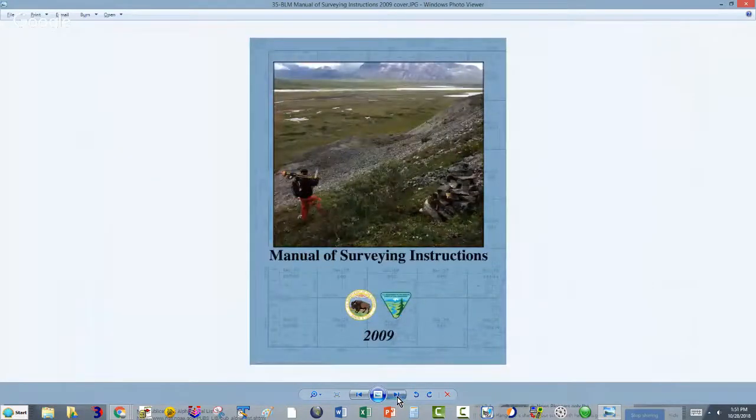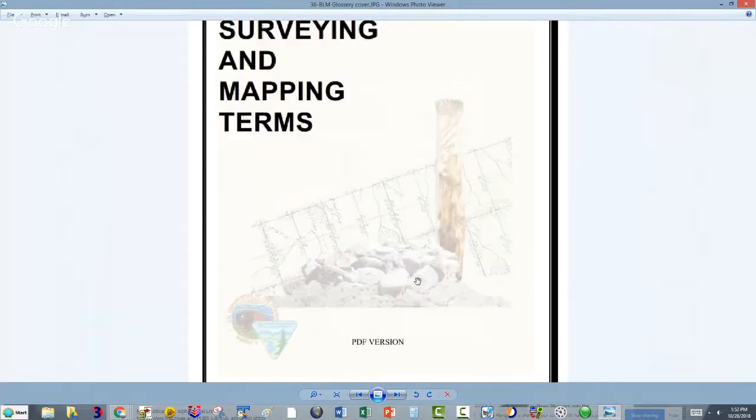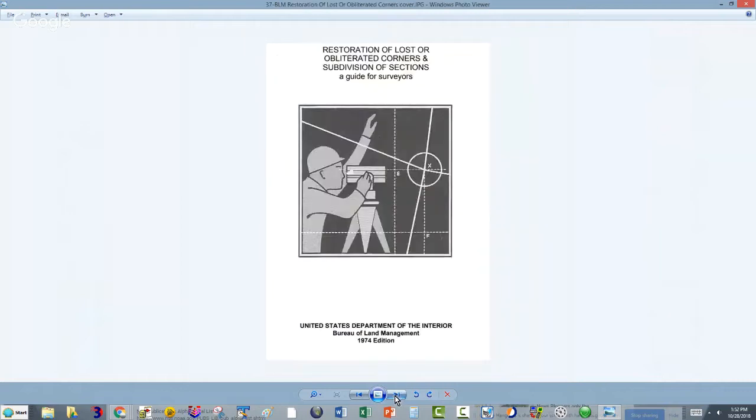So that's there for you. I've also included the glossary of terms so that you would understand what they call certain types of marks, certain types of reference marks, etc. That's there. This is an interesting book on the restoration of lost or obliterated corners.